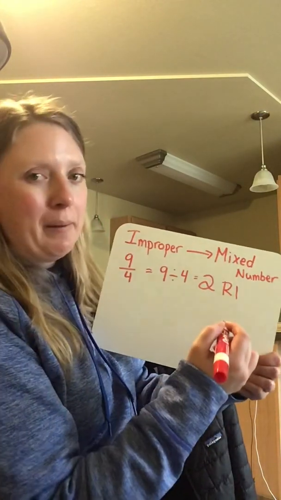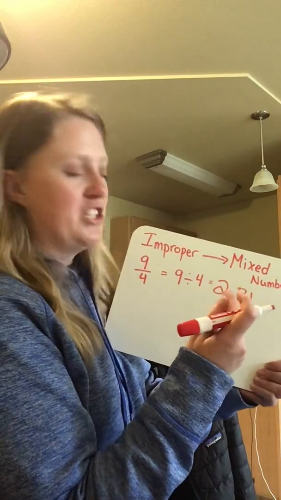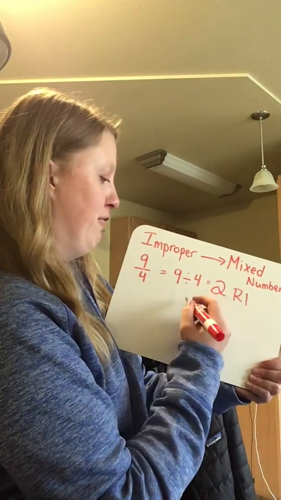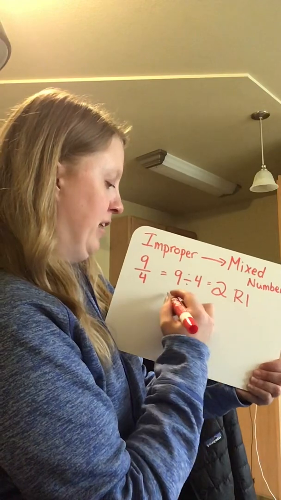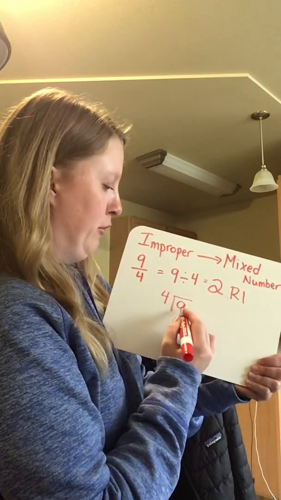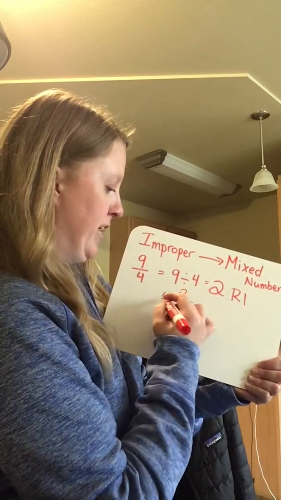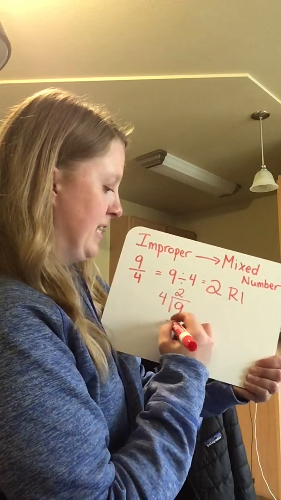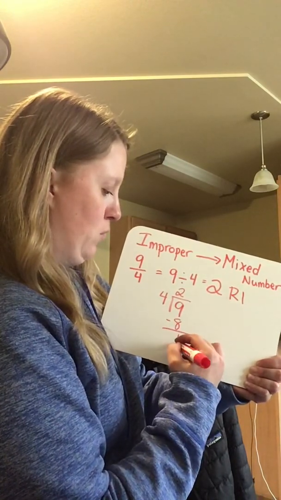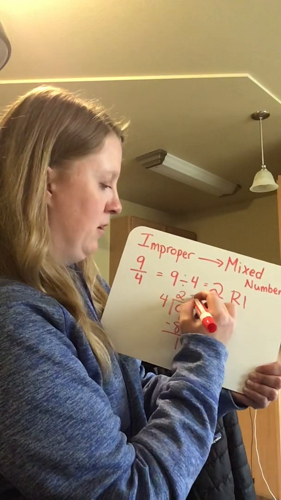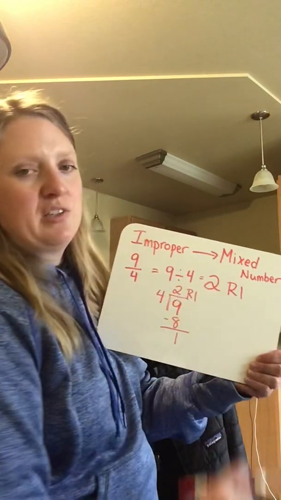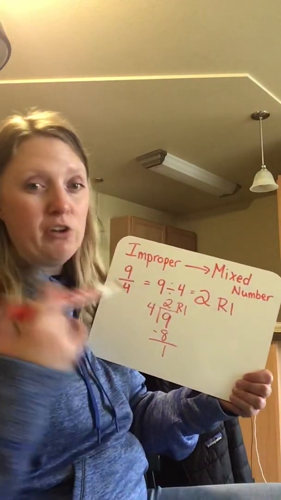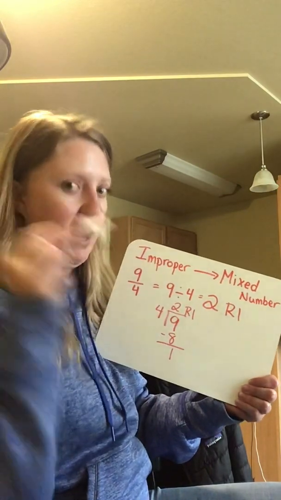Now it might be easier for you to set it up as long division. Instead of writing it that way, if it helps you, write it like this. How many times can 4 go into 9? It can go in twice. 2 times 4 makes 8 with 1 left over, nothing left to bring down. It might be better if you do it this way so you can be sure, but if you feel comfortable, you can set it up the other way and work it out in your head.